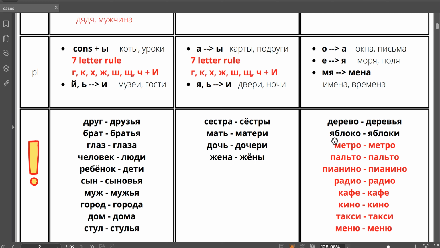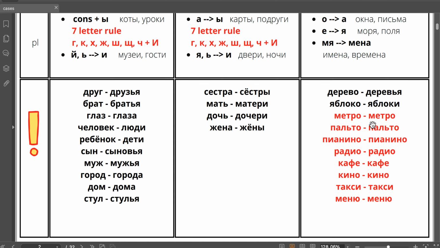Yeah, you see, let's pretend яблоко is a regular one, so O becomes A. And we were supposed to say яблока. No, it's irregular. Яблоки. We change it as masculine. Яблоки. K plus I because of the 7 letters spelling rule. So яблоки, apples.